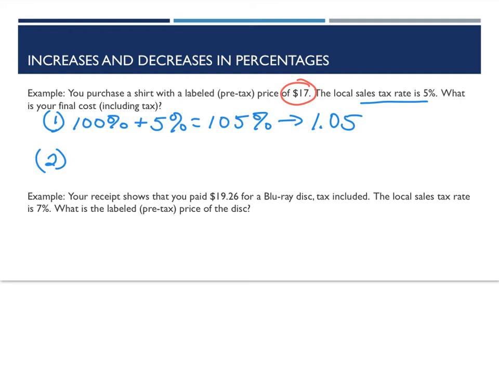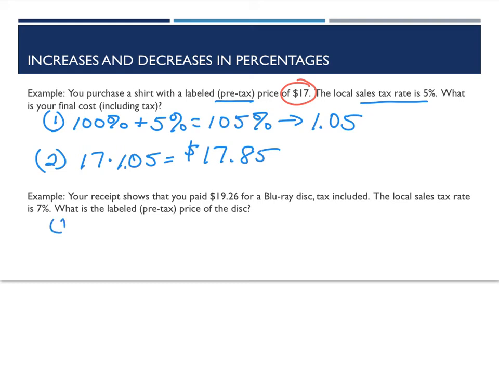Well, in this case, it's not that difficult because they told me pre-tax would be before. If the number I have is a before number, I multiply it. So 17 times 1.05 is going to tell me the final price, the after-tax price of the shirt. And that's going to be $17.85.